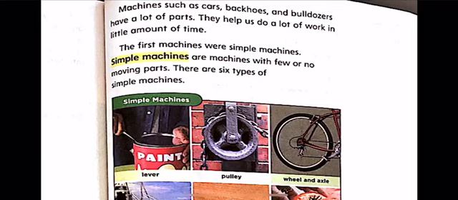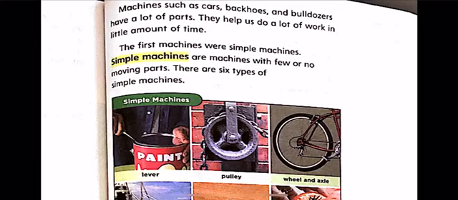Like the car, you could go walking instead of driving the car, right? But it would take lots of time. So a car helps us do a lot of work in a little amount of time.